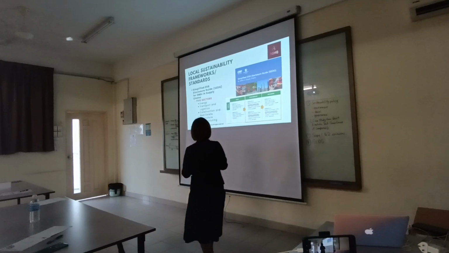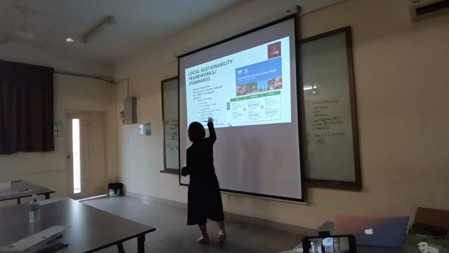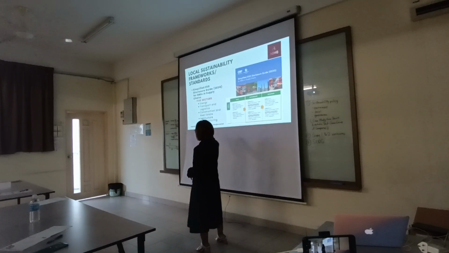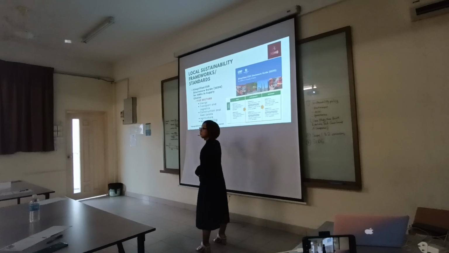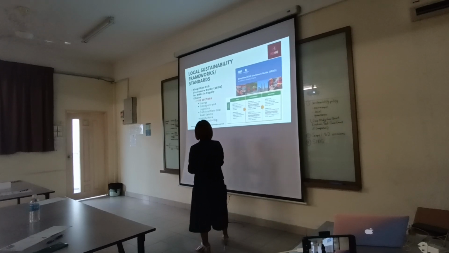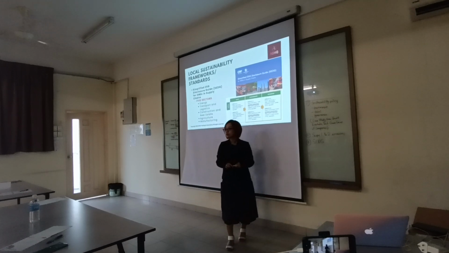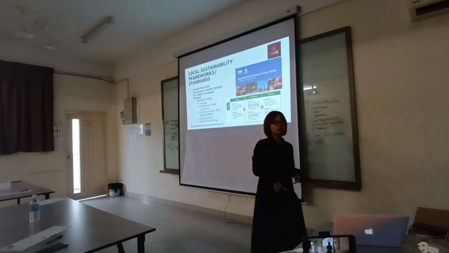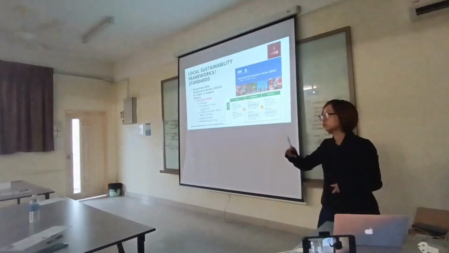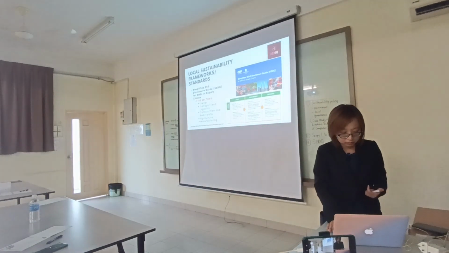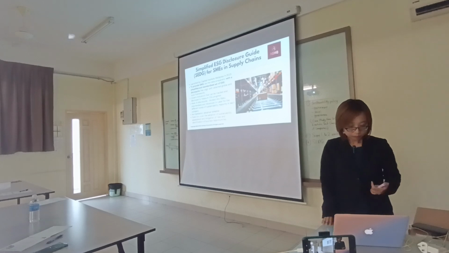It covers 5 sectors: energy, transport and logistics, construction and real estate, agriculture, and manufacturing. Some of you are from plantation, but you can also use some of the indicators from agriculture, because agriculture is about waste, and plantation is also about that.